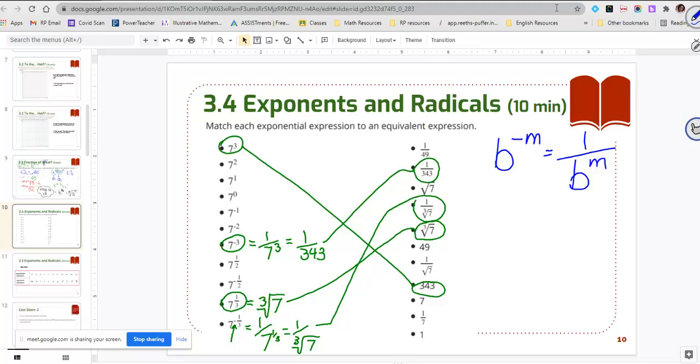And now our new rule that we just learned, that a base to a fractional exponent, we can rewrite as a radical root of that base. All right, let's knock out the rest of these matches. We'll do it in the same way.